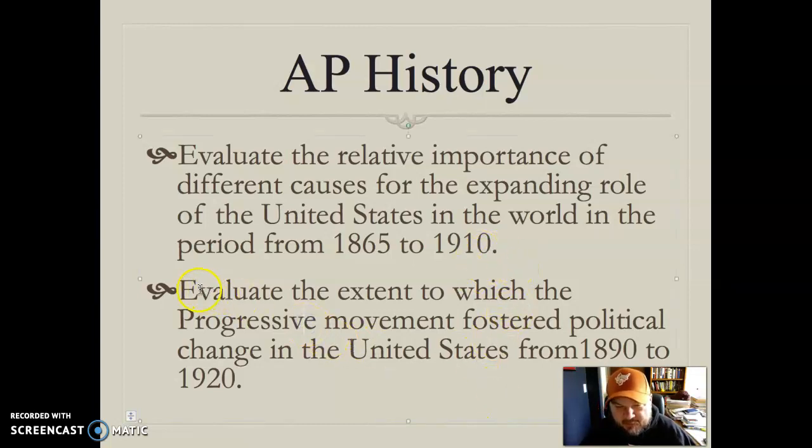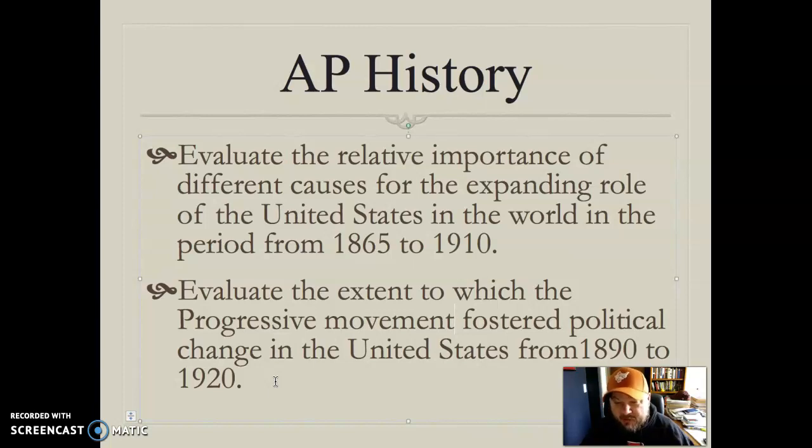Then today's one said evaluate the extent to which the progressive movement fostered political change in the United States from 1890 to 1920. Now this one I can see where there's a little bit of confusion, because it does say to what extent, almost like on the first one. However, I would tell you that among historians, there's really not a lot of debate that there were big changes made with the progressive movement.